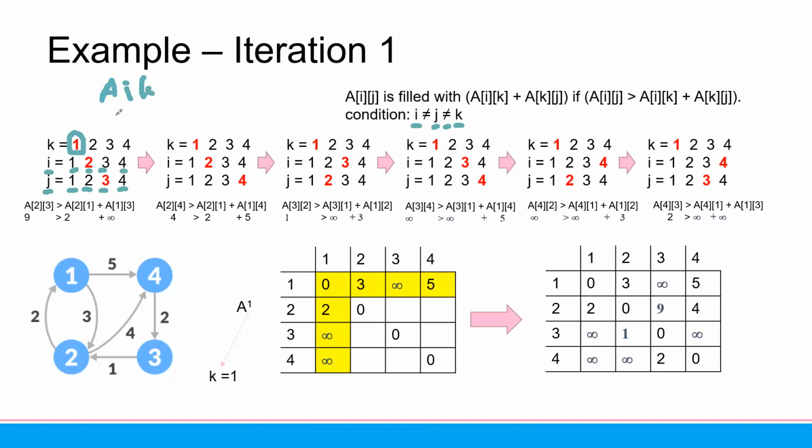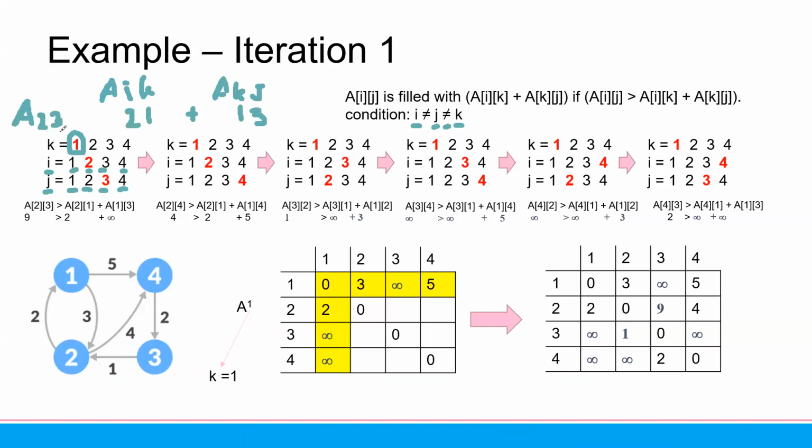It means a 2 and 1 plus a_kj, which is a 1 and 3. And then I want to check what is the result if we have the a 2, 3.